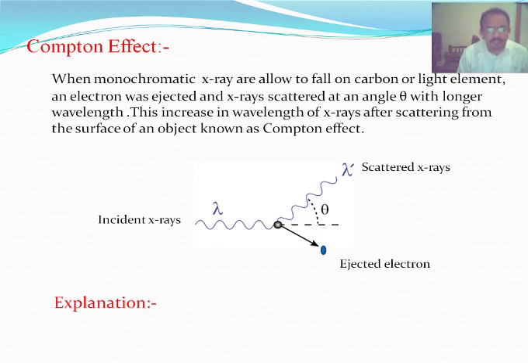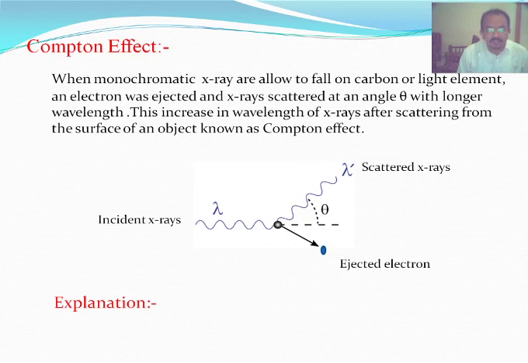No doubt X-rays are electromagnetic radiation, that means they consist of bundles or packets of energy. When such X-rays fall on a light element like carbon, what happens? The electron gets ejected, and after the collision with the element, the X-rays get scattered, and after scattering it is found that the wavelength has increased.